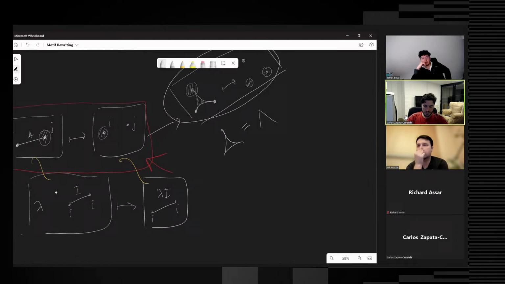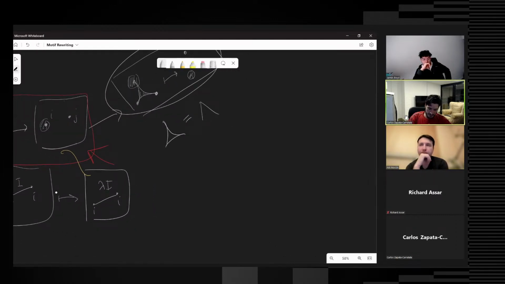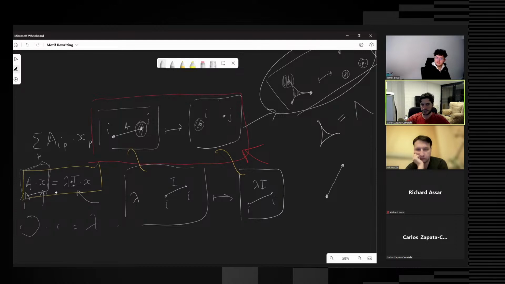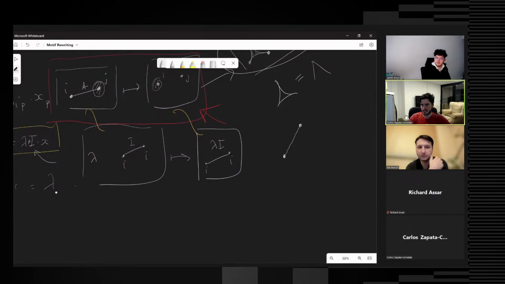So just for the record, I don't want to go much longer, but what I'm thinking is the following. In the binary case, the classical case, spectral theory is defined in terms of diffusion, where A times X represents the diffusion. Maybe A is normalized by degrees, or you're doing the Laplacian matrix instead of the adjacency matrix.